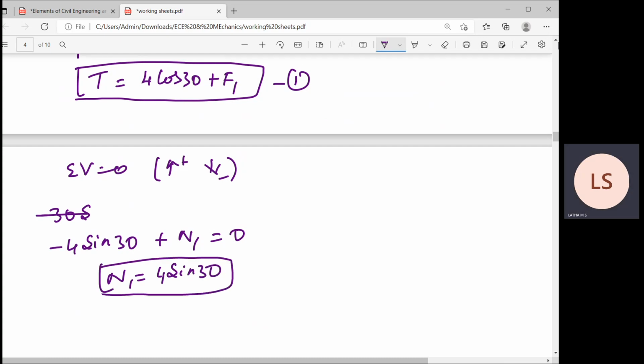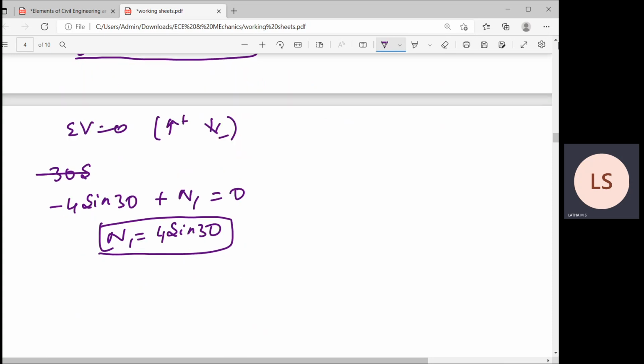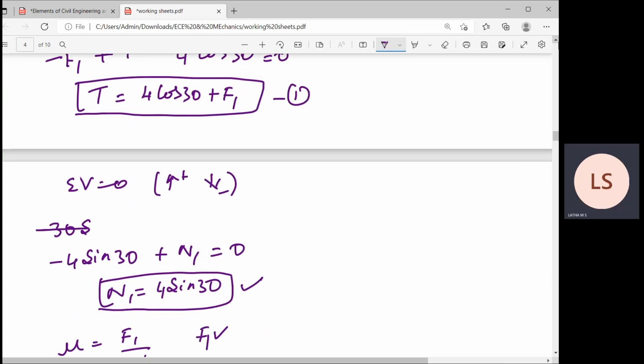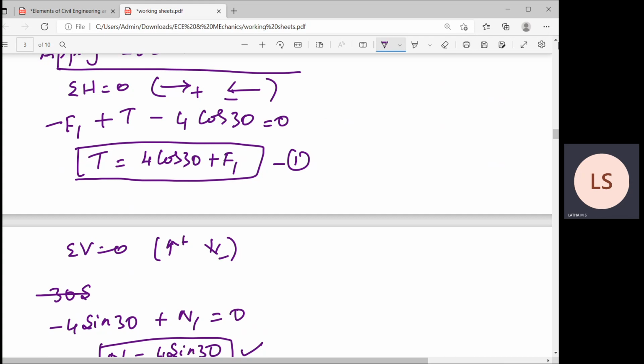Correct? So when I calculate, we know that mu is equal to F1 by N1. Once I calculate N1, I can get the value after substituting here. I can calculate what is F1. Once I calculate F1, on further calculation, I can calculate the value of T. Correct?